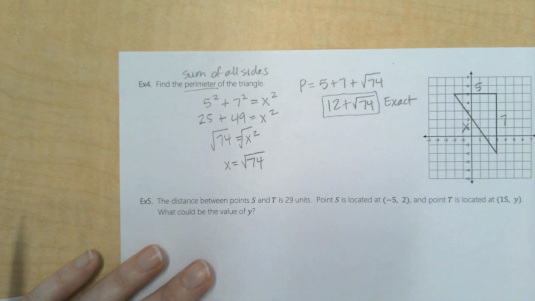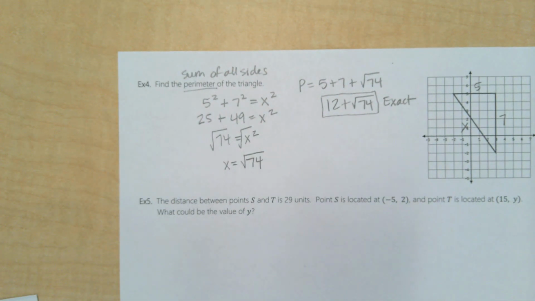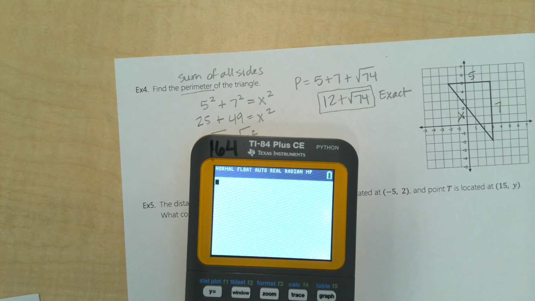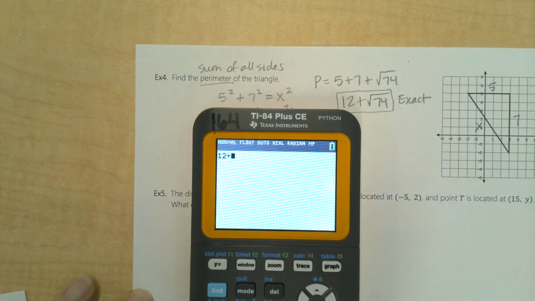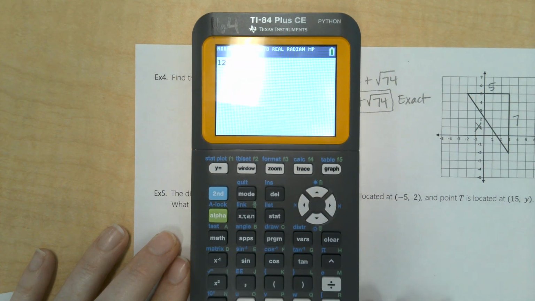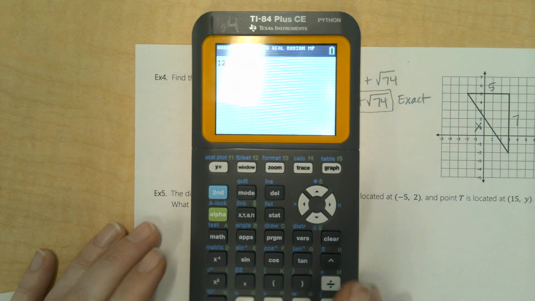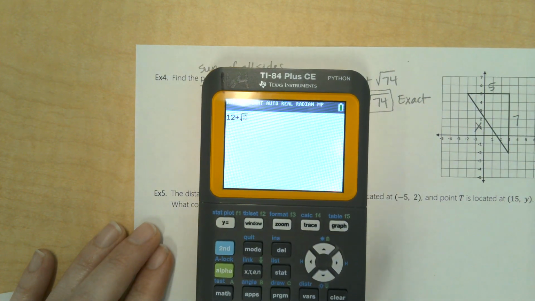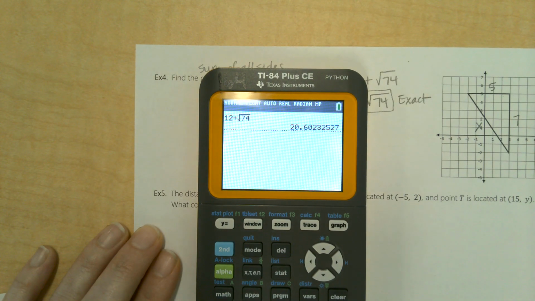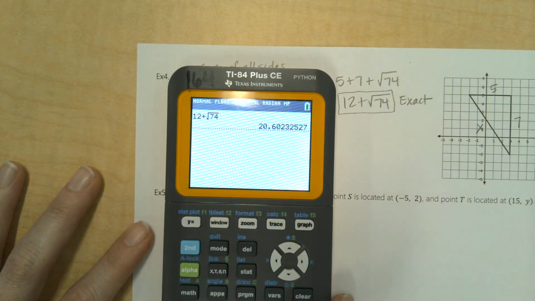I want to make sure you know how to do this on your calculator. So I'm going to show you. On your calculator, you're going to put 12 plus your square root button. You have to push the second button, and then it's above the x squared. And then 74, and then press enter. We want to go a couple decimal places.